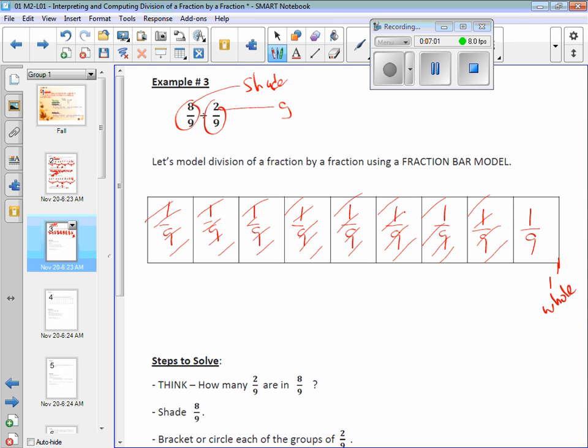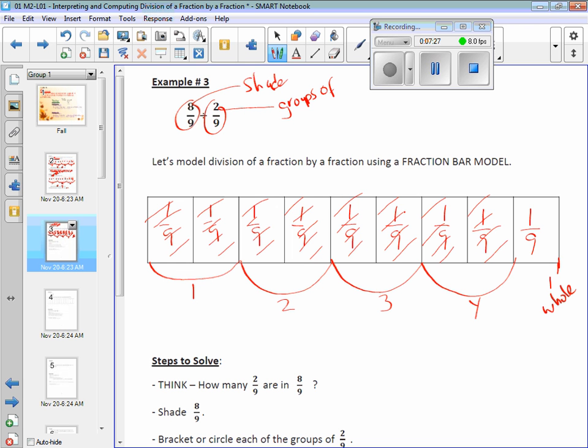So I had to put them in groups of 2 ninths. There's a group of 2 ninths. Everybody see it? 1. There's a second group. Third group. Fourth group. Any more?